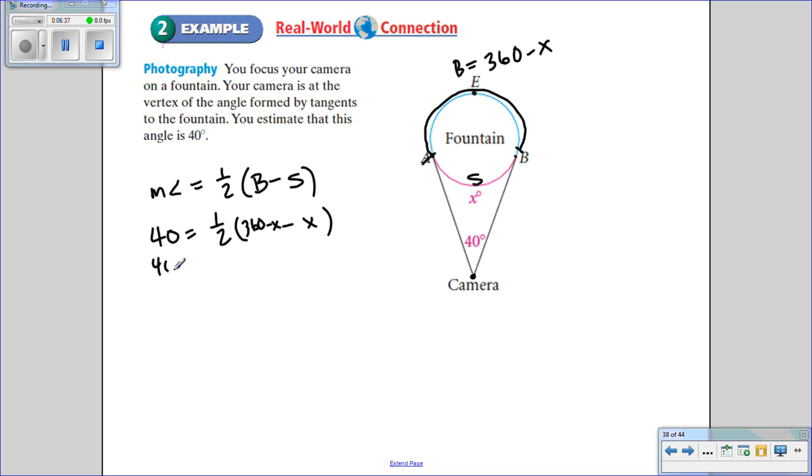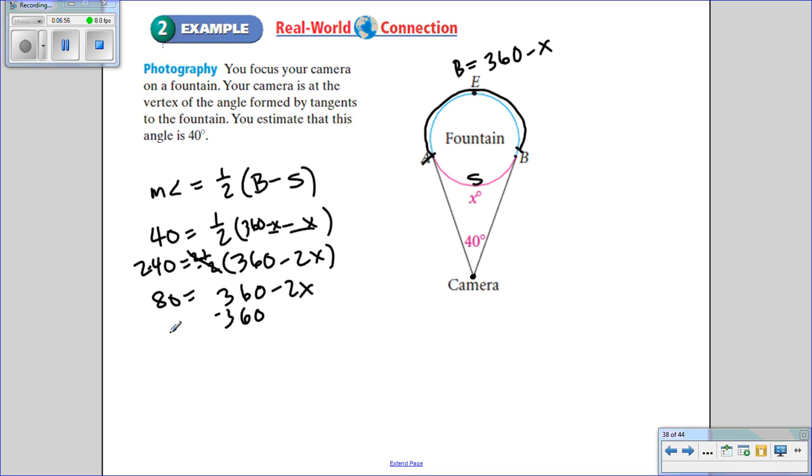So let's do the math here. I'm going to simplify inside my parentheses. That's 360, negative x minus x would be negative 2x. Now I'm going to times both sides by 2, cancel my fraction, so that's 80 equals 360 minus 2x. I'm going to subtract 360 from both sides.